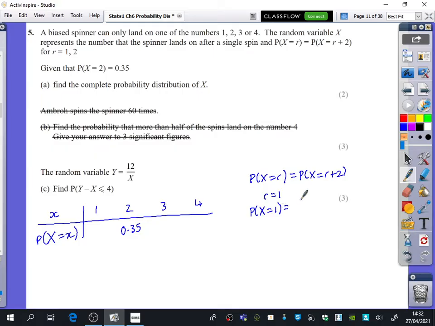Not quite sure if that's actually true what you said there. Is the same as the probability that x is equal to? No? 3. 1 plus 2 is 3. So that means 3 would be 0.35. So when r is 2, the probability that x equals 2 is the probability that x equals 4. So that means that this one and this one must be the same probability as each other. So this is 0.35.